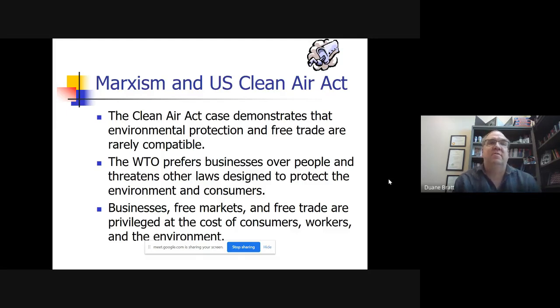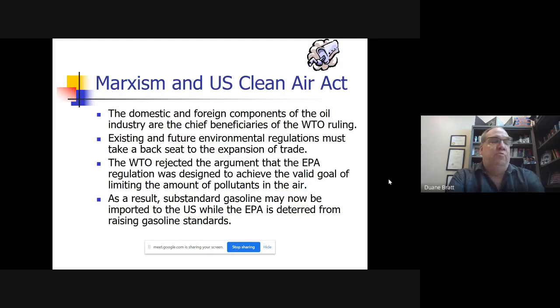And so businesses, free markets, free trade are all privileged at the cost of consumers, workers, and in this case, the environment. The real beneficiaries of the WTO ruling are not Venezuela, are not Brazil, but the Venezuelan oil company, the Brazilian oil company, and in fact, all oil companies around the world.